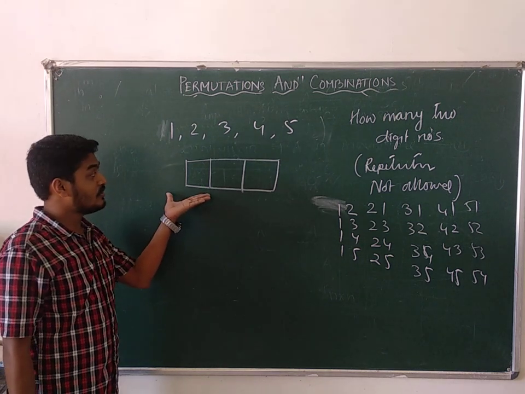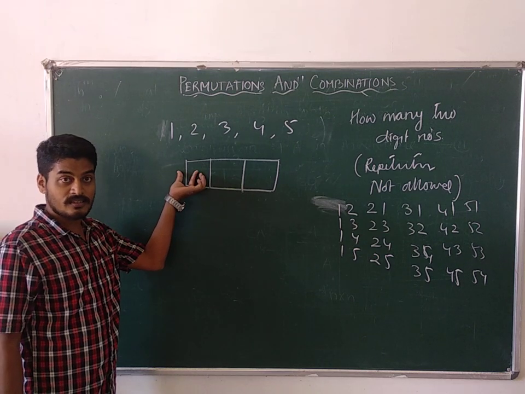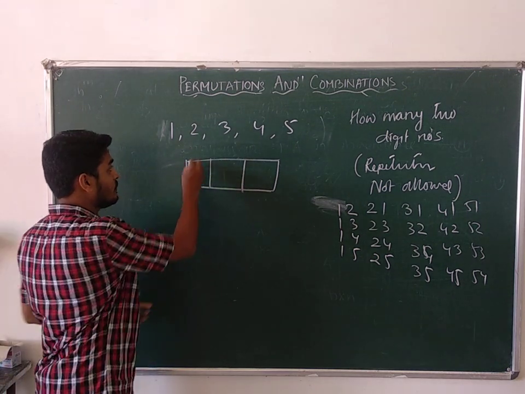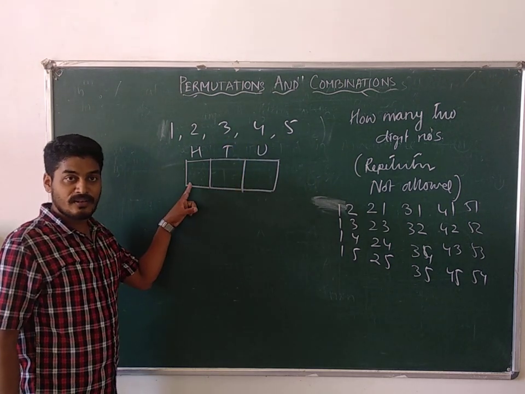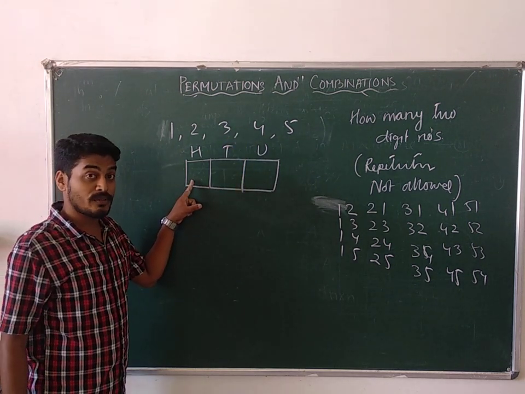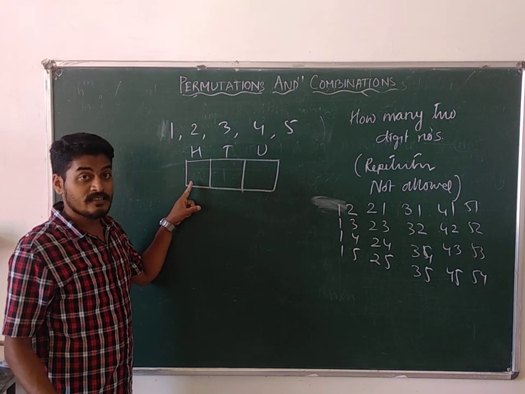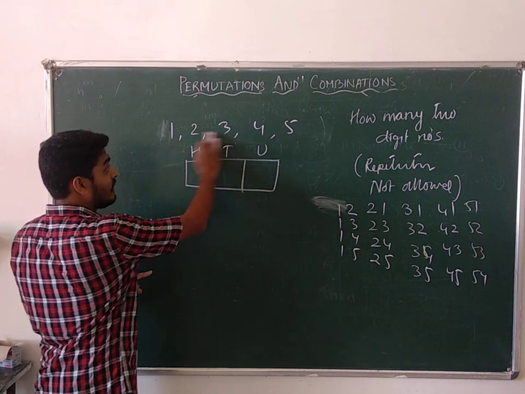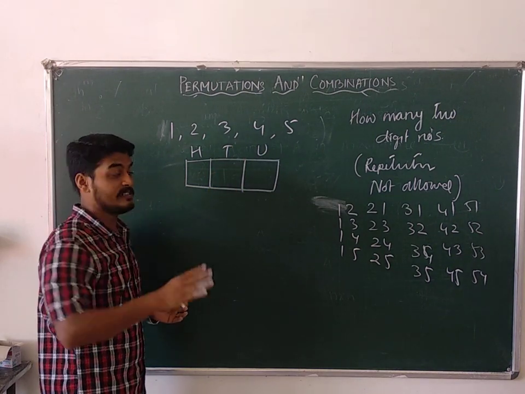Initially, if I want to fill up the 100 place, the 10 place, and the unit place, in how many different ways can you fill up the first place? How many possibilities do you have initially? Five elements are there. Out of 5 you can consider anyone. That is 5 possibilities.